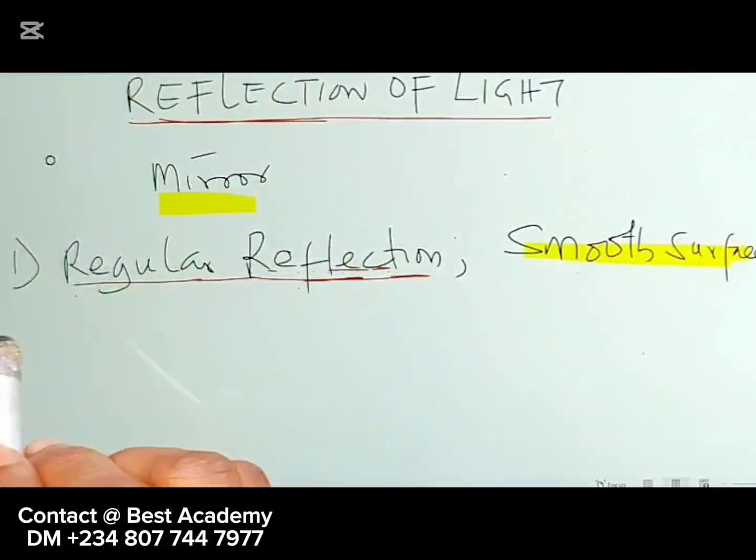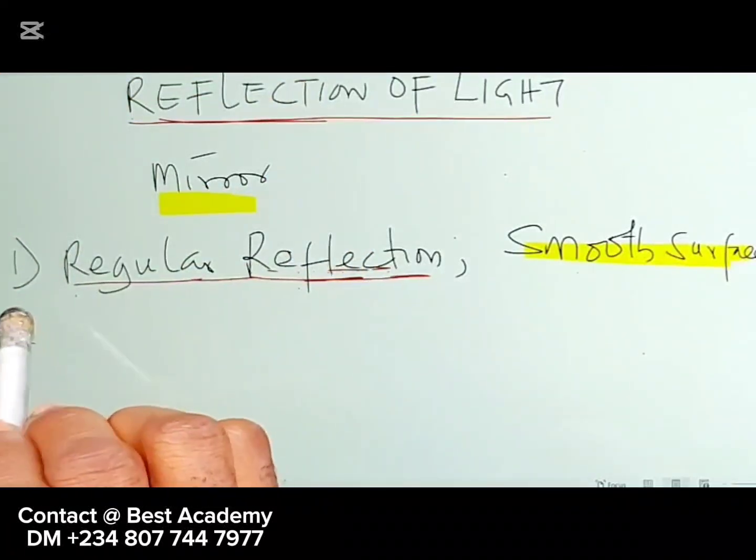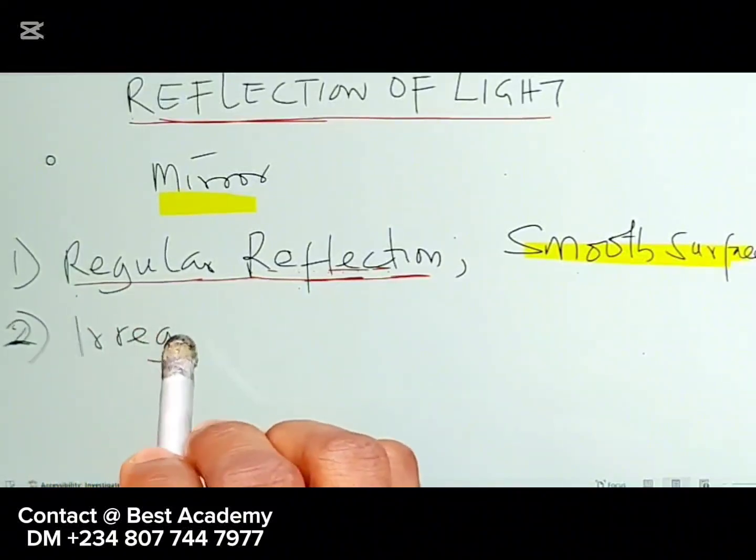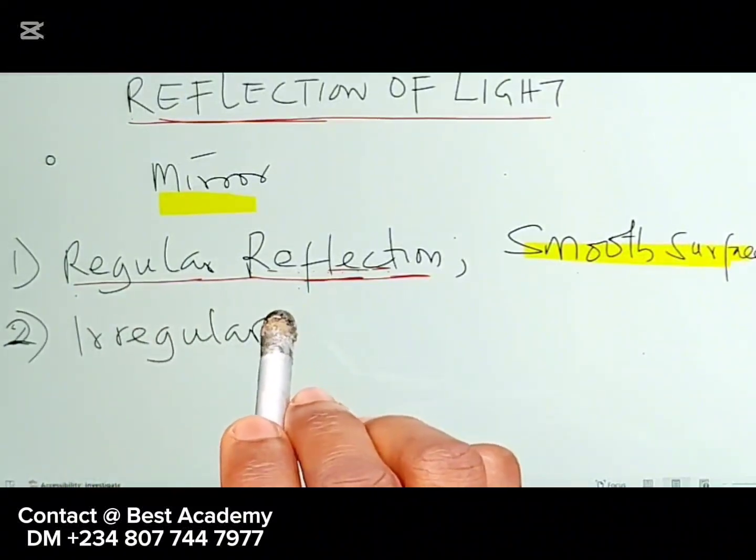Let's look into the next one here. The next one is said to be irregular reflection.